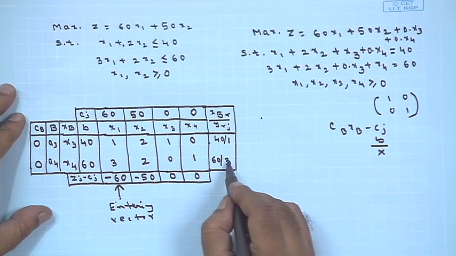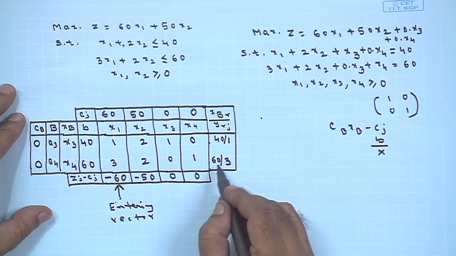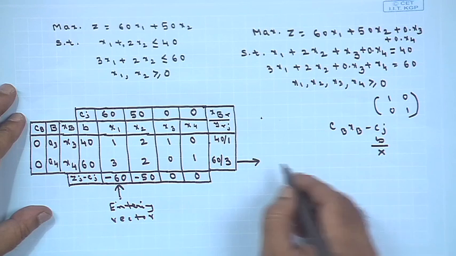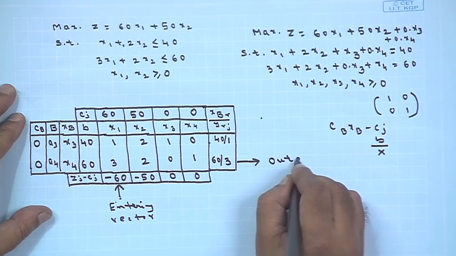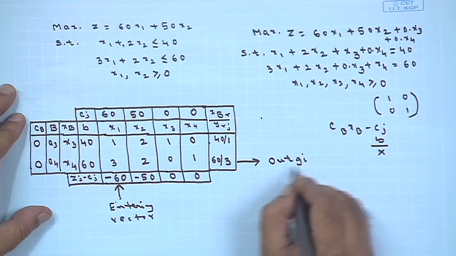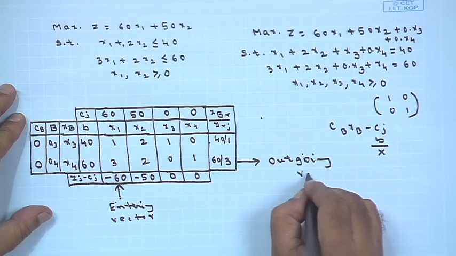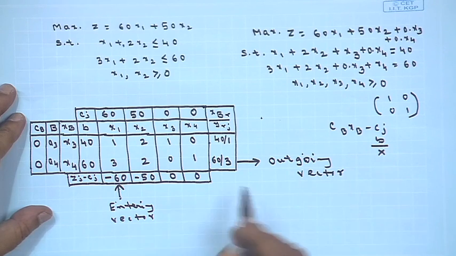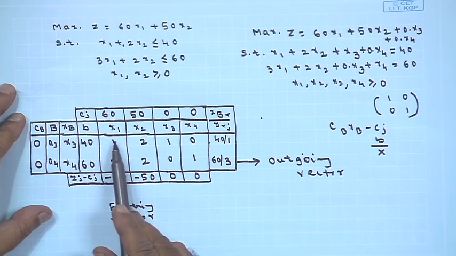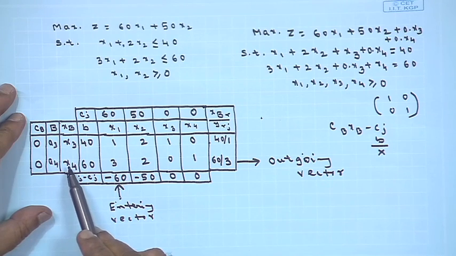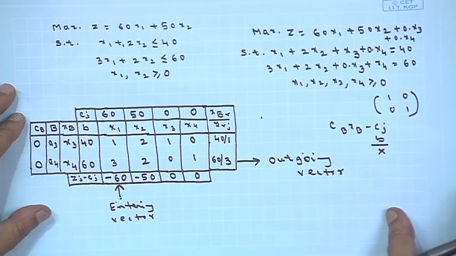Therefore, the value 60 by 3 is minimum, so your outgoing vector will be this one. So in the next table, x1 will enter and x4 will go out.